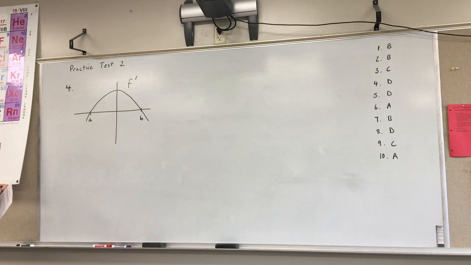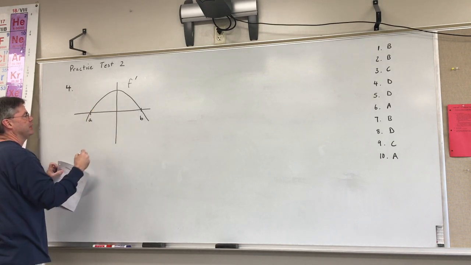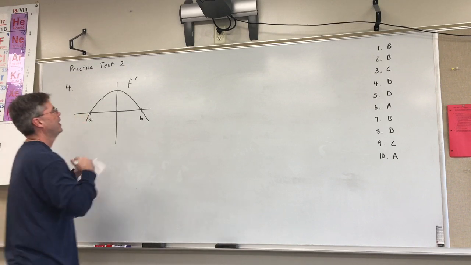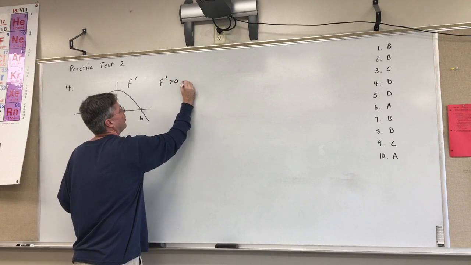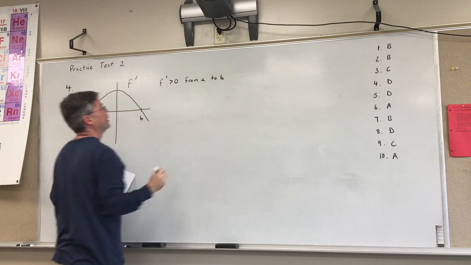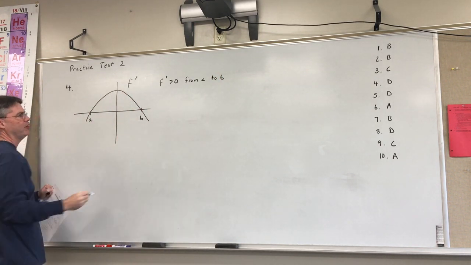Well, it's telling you since between A and B, the derivative is positive. F prime is greater than 0 from A to B. It only goes below 0 to the left of A and to the right of B.